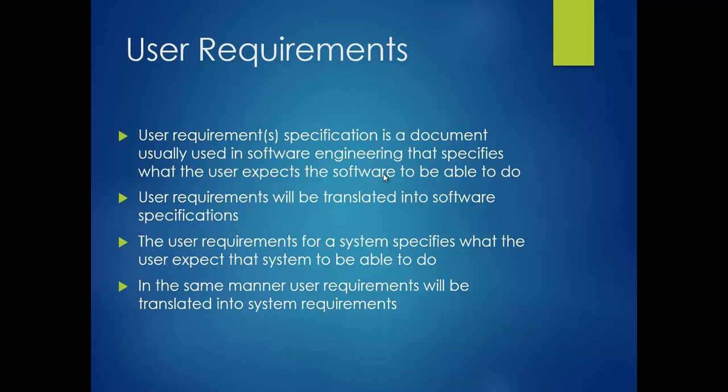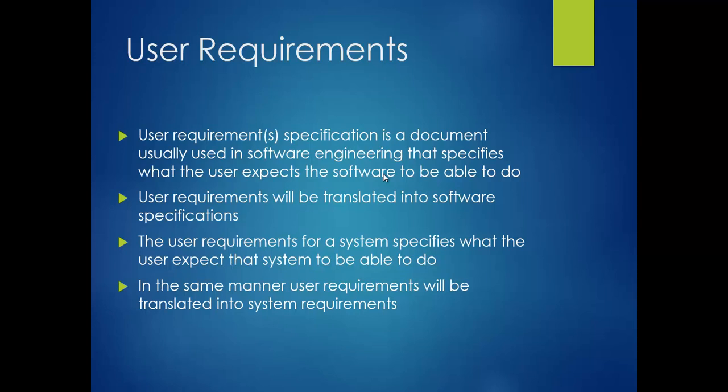I will talk about these methods in a minute, but we need to collect the information from the user, and that information will include the system requirements, and that's why we call them user requirements specification or requirement specifications, which is a document that's usually used in software engineering that specifies what the user expects the software to be able to do.